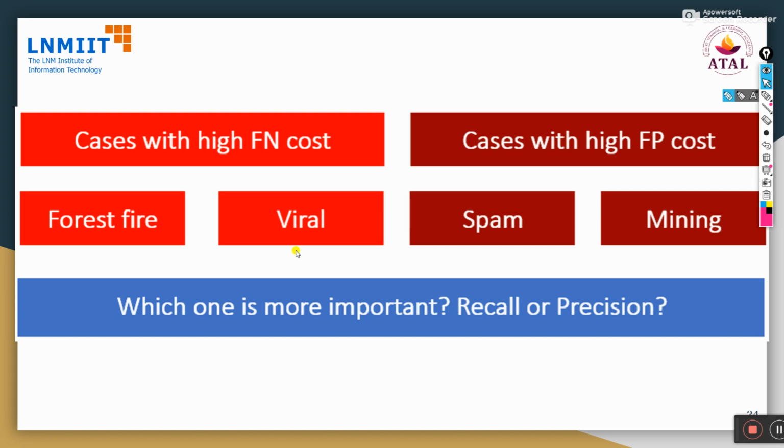So in this situation, which one is more important, recall or precision? So in this, we need to know the recall, right?